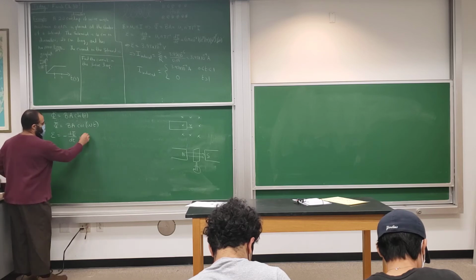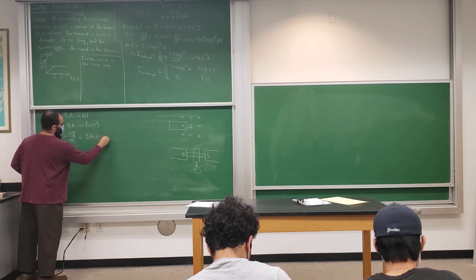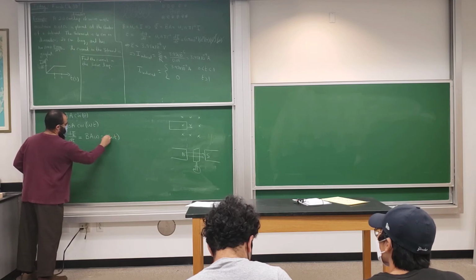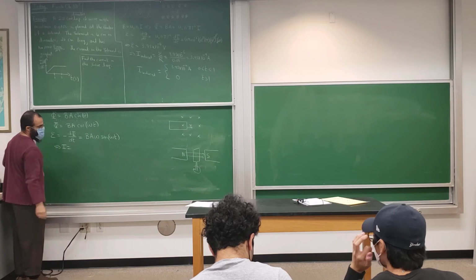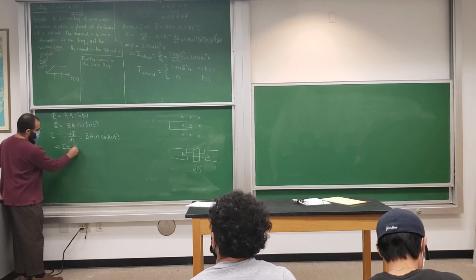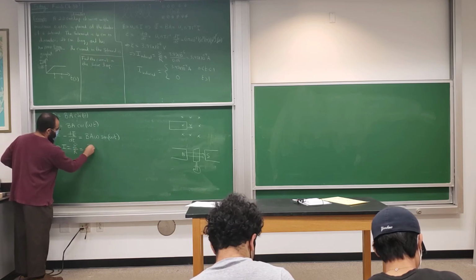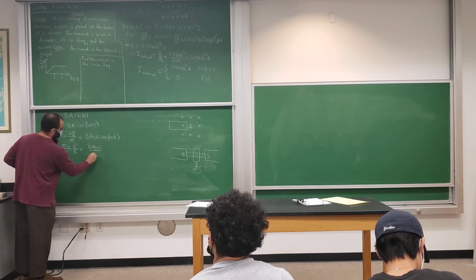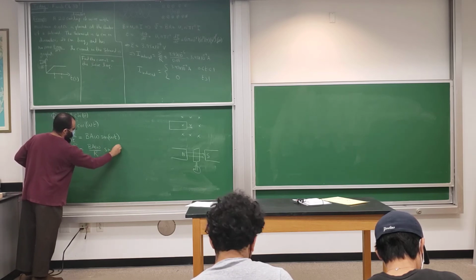So you basically get the magnetic field times the area times omega times the sine of omega times t, and therefore the current is equal to, well, it depends on the resistance that you have. So the current would be this over the resistance, and so you get BAω over R times the sine of omega times t.